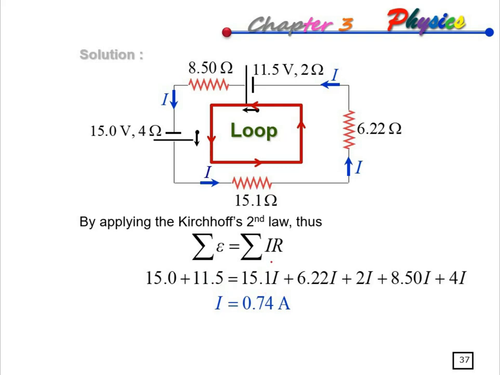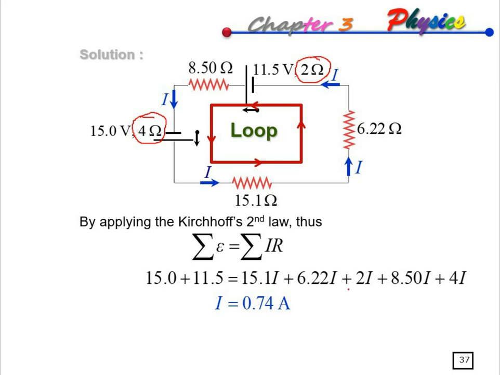And then for the product of IR, the I that flows through the 15.1 ohm resistor is I, followed by 6.22 here, and then followed by 2 ohm here. The 2 ohm here is the internal resistance in the battery, in the cell. So we need to add it up in the equation as well.